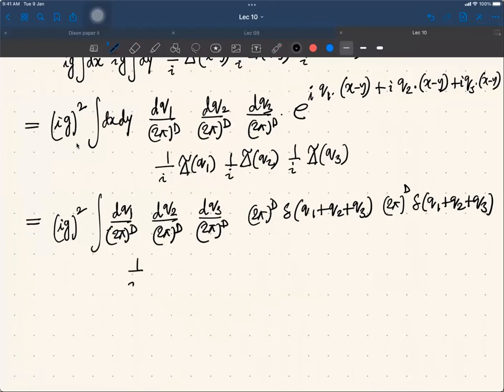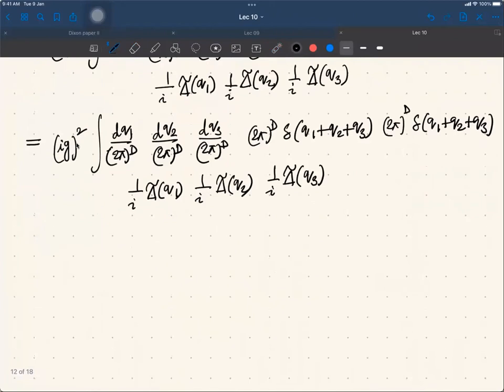And then 1 over i delta tilde q1, 1 over i delta tilde q2, 1 over i delta tilde q3. So the 2 pi to the power d factors cancel, two factors of them.